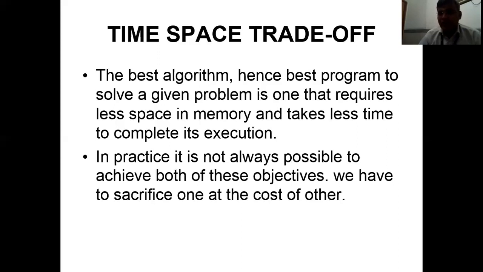If any solution or algorithm requires less time, it will take more space. Both things are contradictory. That means both things cannot be achieved at the same time. So we have to sacrifice one at the cost of the other. So that concept is called the time-space trade-off. Okay.